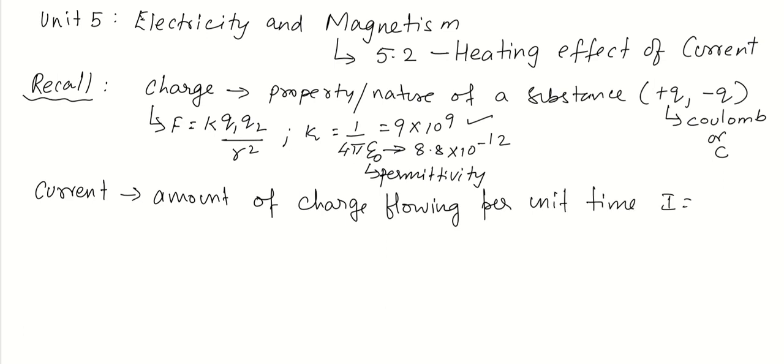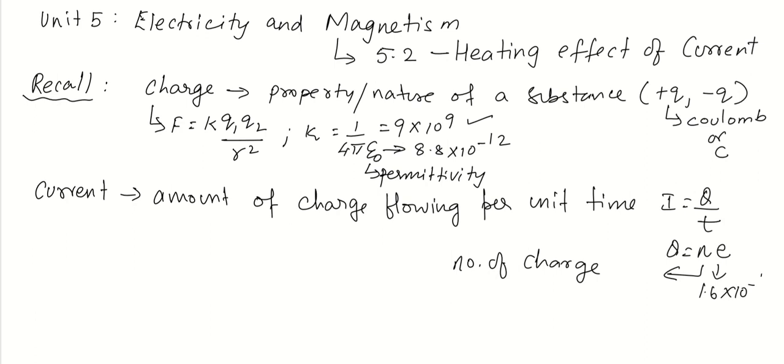So I is given as Q by T, where Q is nothing but NE, where N is the number of charges, and E is the charge of one particle, which is 1.6 into 10 power minus 19 coulomb.